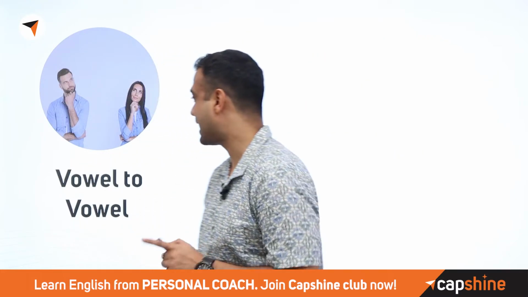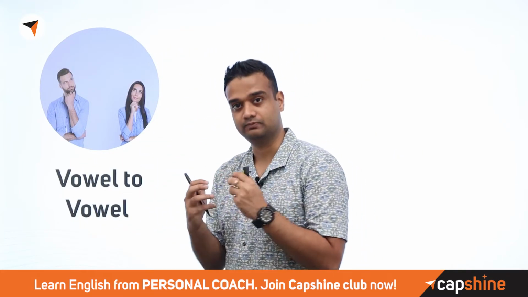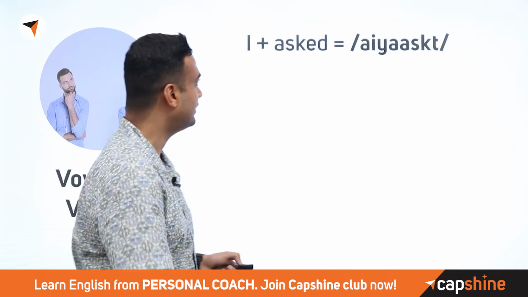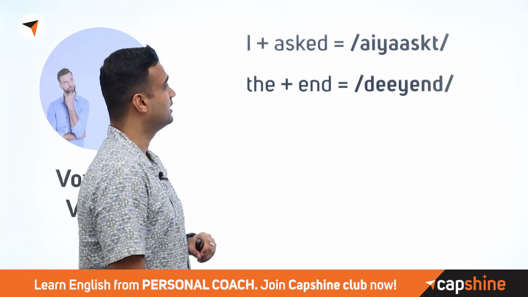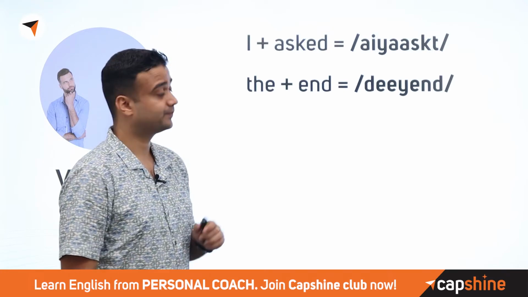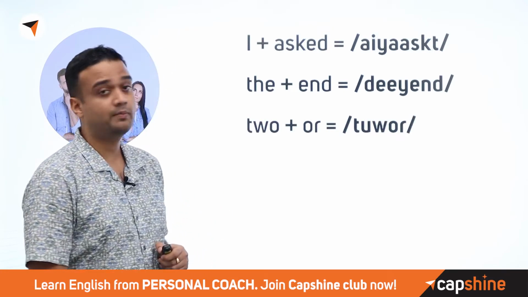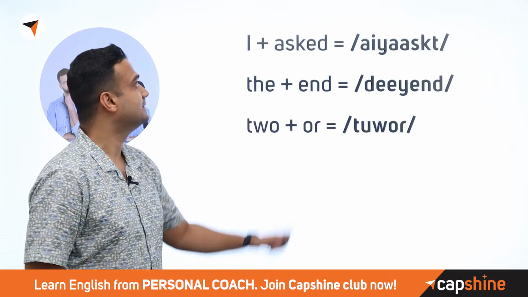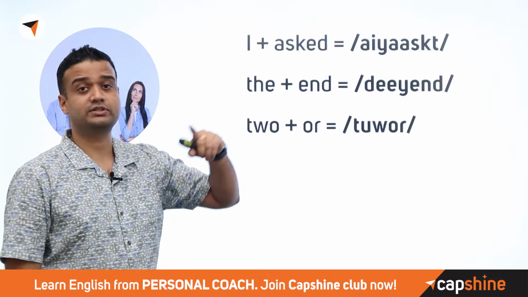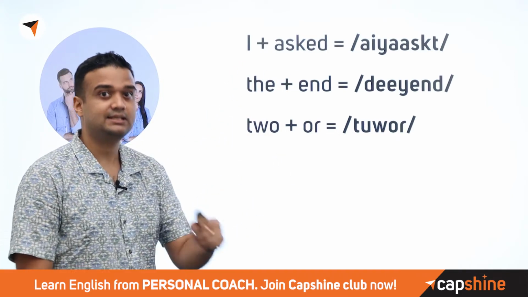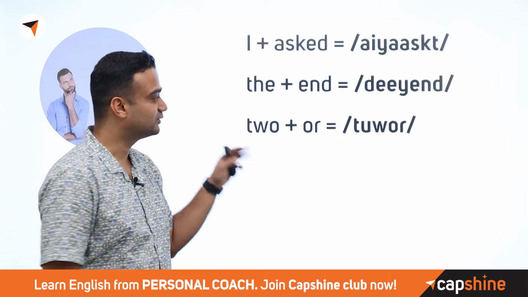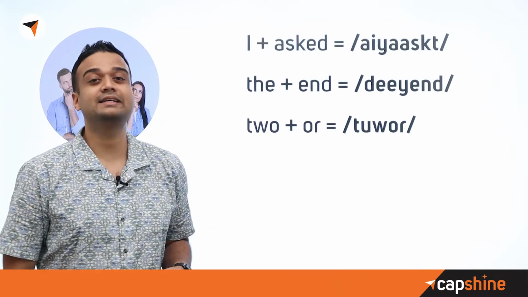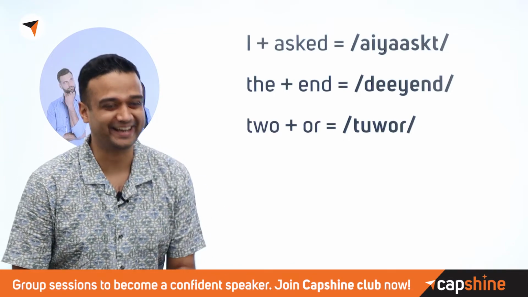Here we are going to look at vowel and vowel linking, right? So take a look at these examples. I asked becomes I ask. The end becomes the end. To or becomes to or, right? So I asked the waiter for some food. The end is here. I want one or two, or I want two or more reasons to eat this food, right?